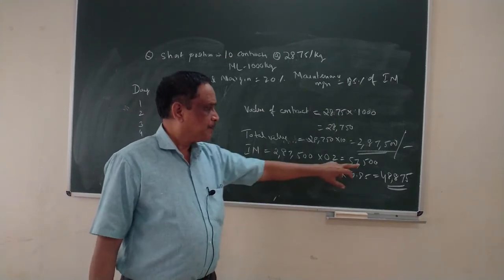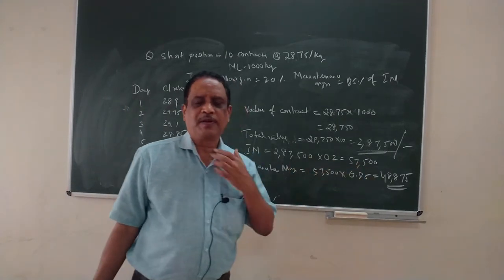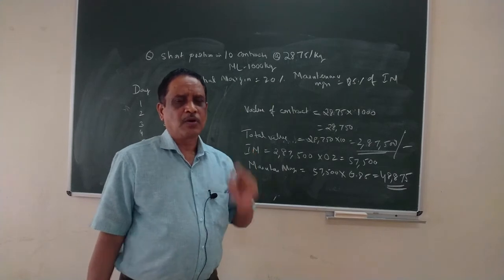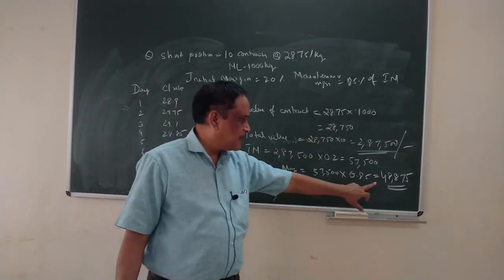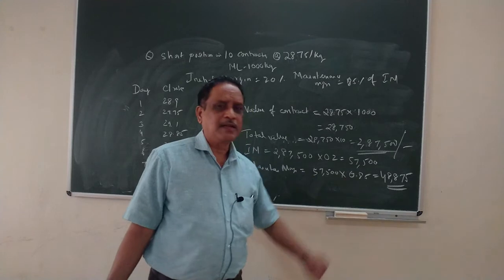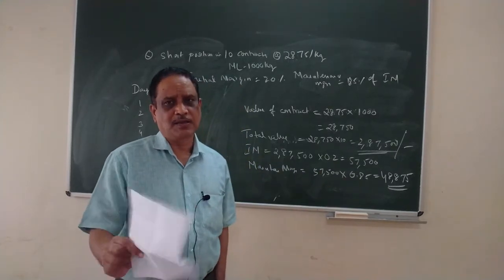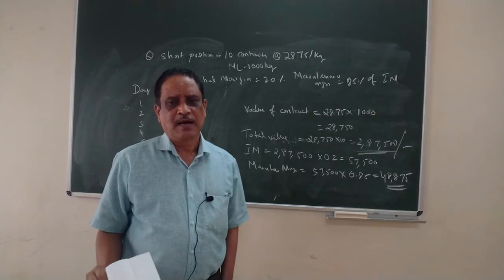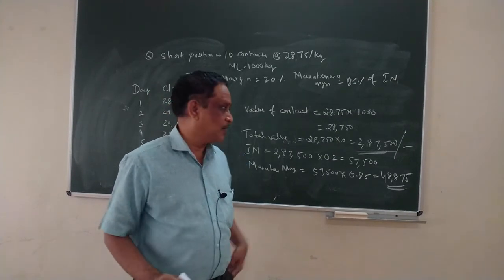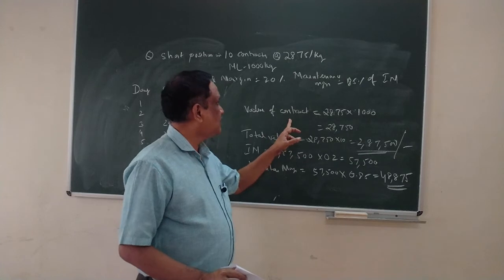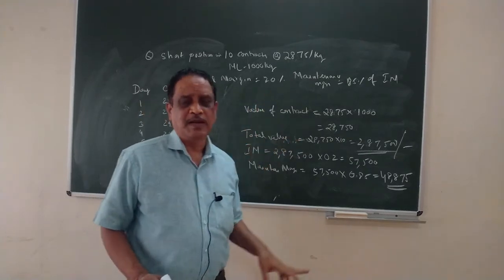The meaning is, till 48,875 is reached, the broker will not ask you for money. Once the margin reaches 48,875, the broker will ask you to pay money. Otherwise, they will close the contract. So that is the meaning of initial margin and maintenance margin.